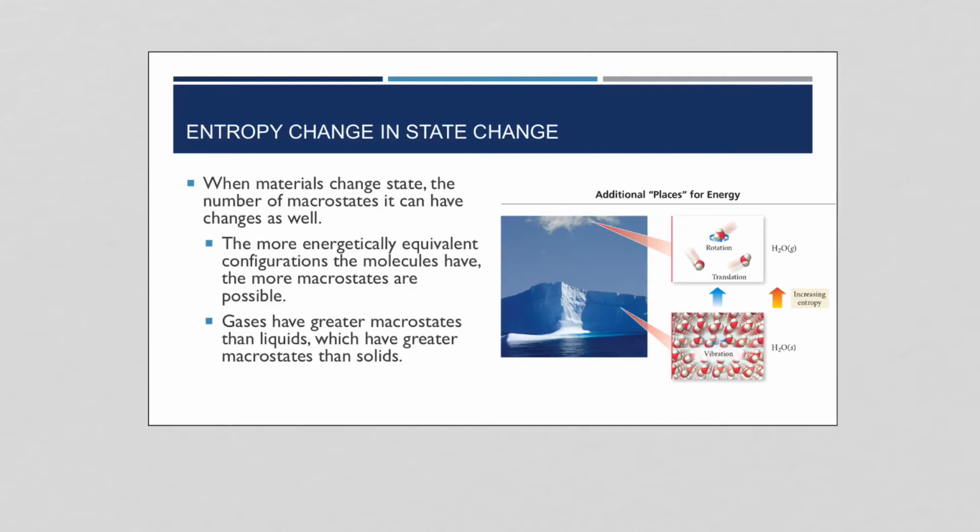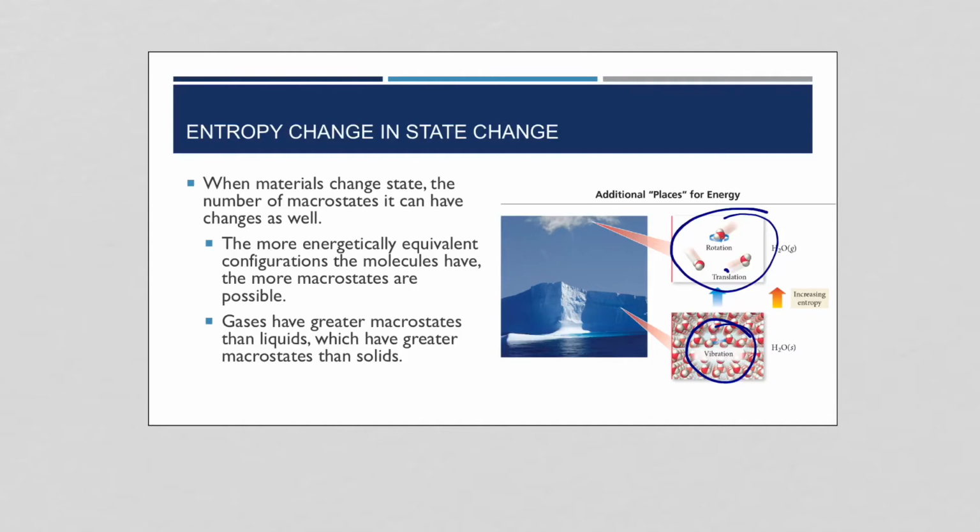When we go from, say, a solid to a gas, if we were to melt and then evaporate, we go from a very low entropy system where there's very little freedom of motion to a much higher entropy system in a gas where there's all kinds of movement, rotational, translational, along with some vibrational movement.